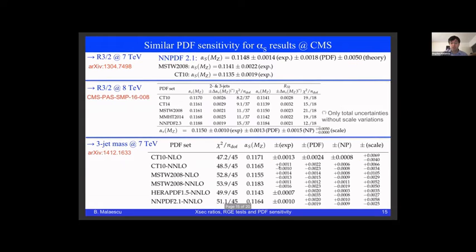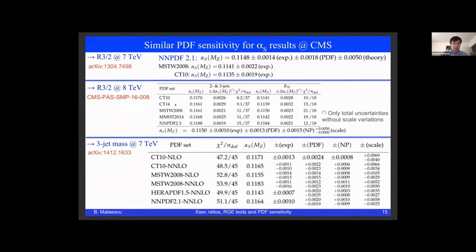I have one slide with 3 sets of results from CMS. From the R32 at 7 TeV here, you see a similar conclusion, with the PDF uncertainty from eigenvectors between the experimental and the theory. Similarly, for what concerns the PDF variations, they are not negligible at all.